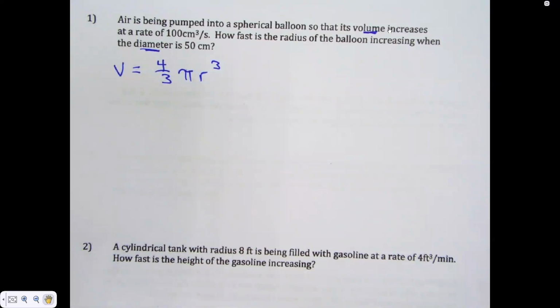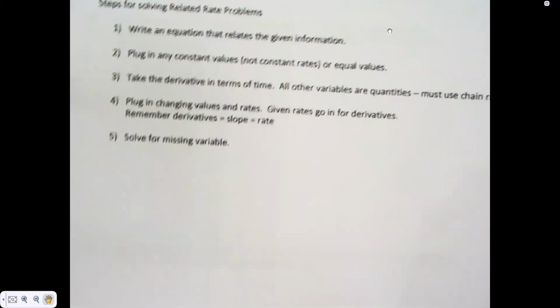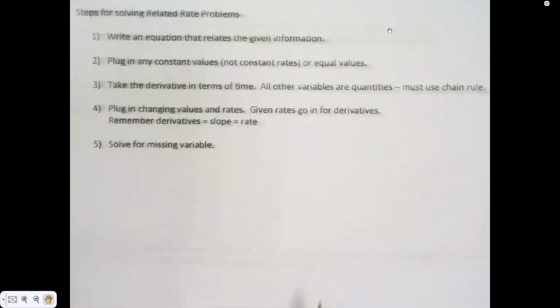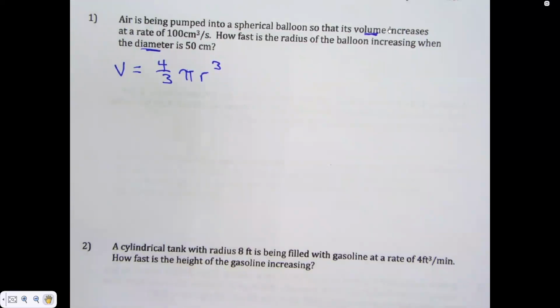But here's the weird part. We're going to take the derivative in terms of time. Taking the derivative, because we want to know at 1 minute what's the volume, what's the radius, or seconds. At 2 seconds, what's the volume, what's the radius. So we really have this third component in here that is time.